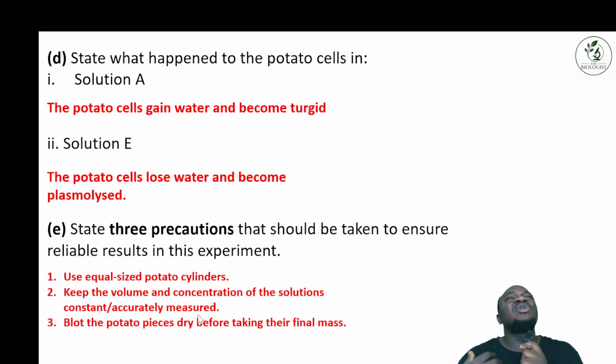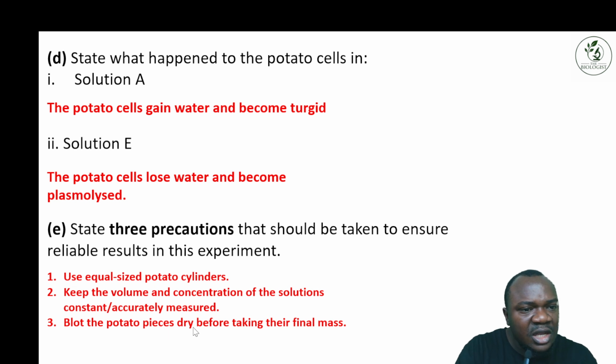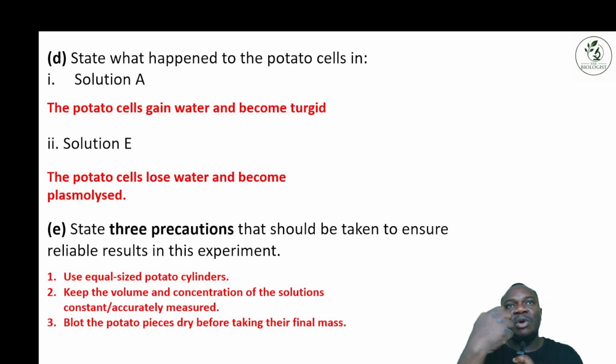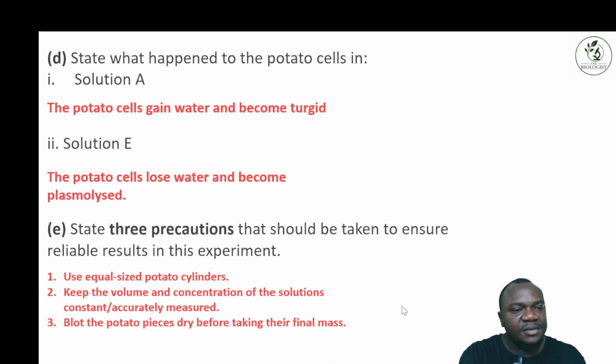In my last video, when I did it in the kitchen, I didn't do the exact measurements, but I was able to put both solutions in almost the same volume. The next one: the potato pieces have to be dry. You have to dry them before taking your final mass. After you remove them from the solution, you dry them and take the final mass to get an accurate reading.